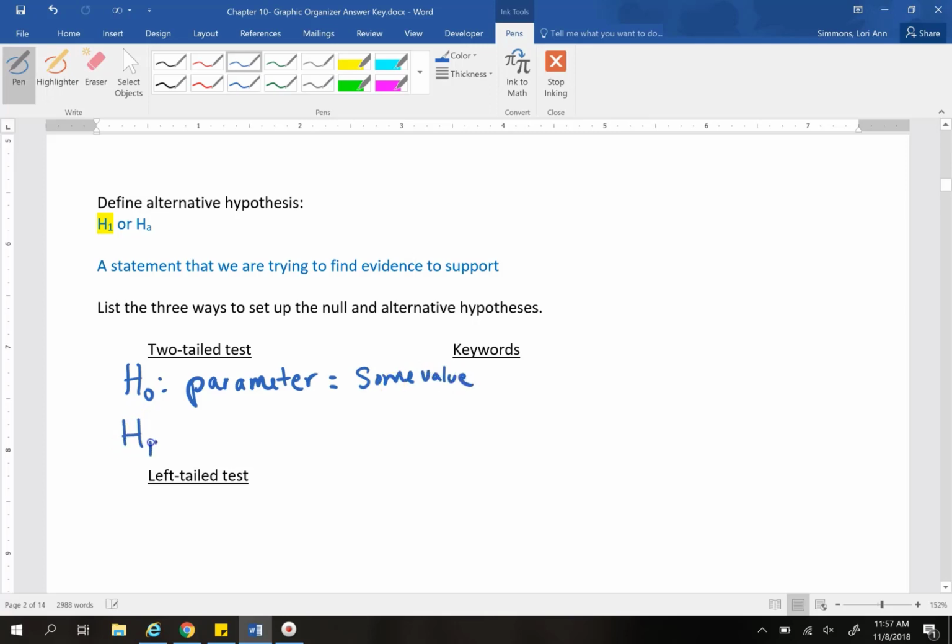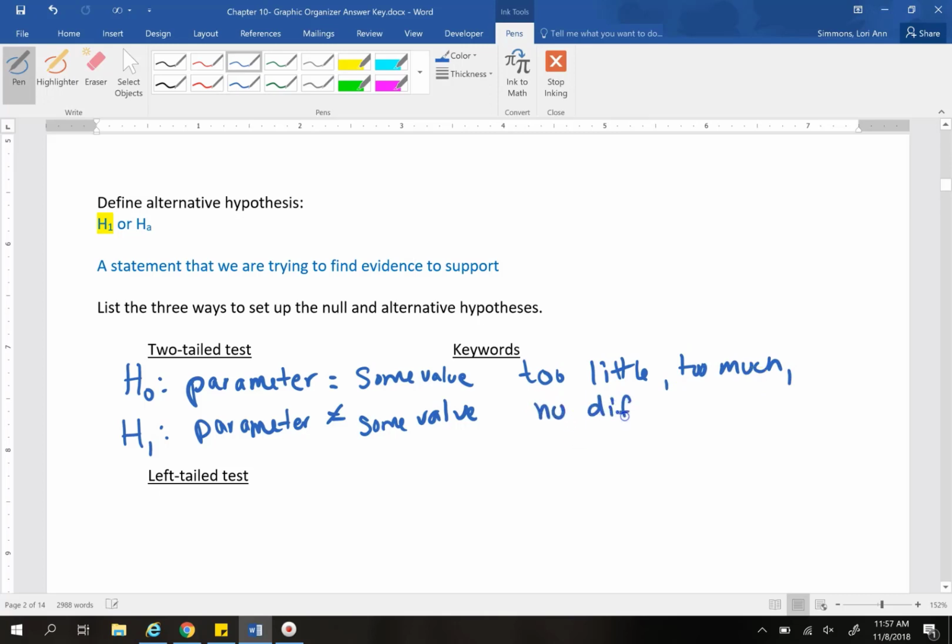Your alternative hypothesis is your parameter not equaling some value. So when we have the not equals, that's going to be a two-tailed test. Some keywords would be too little, too much, no difference, different from.